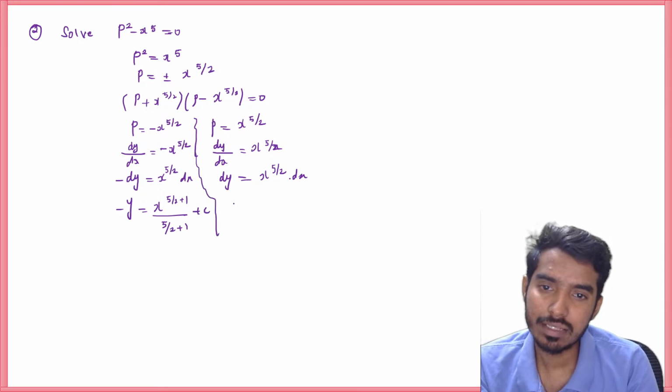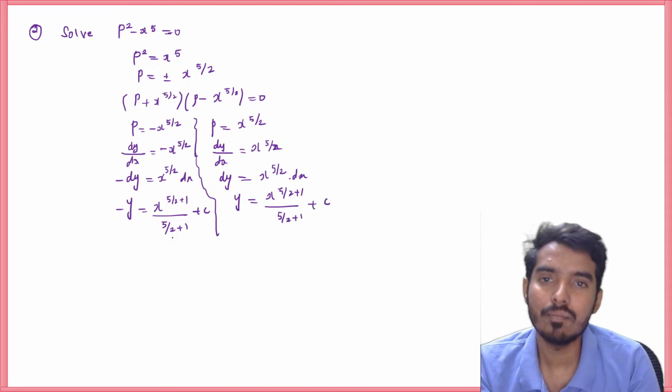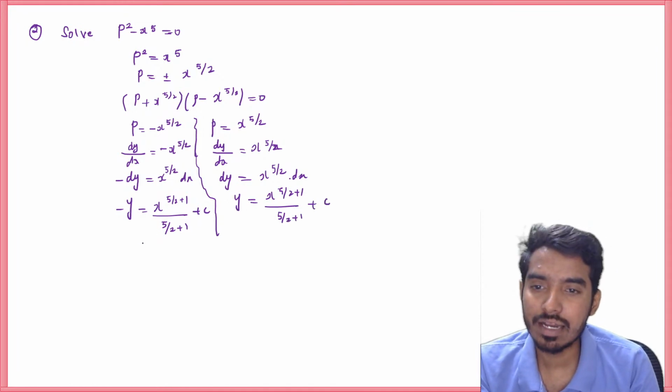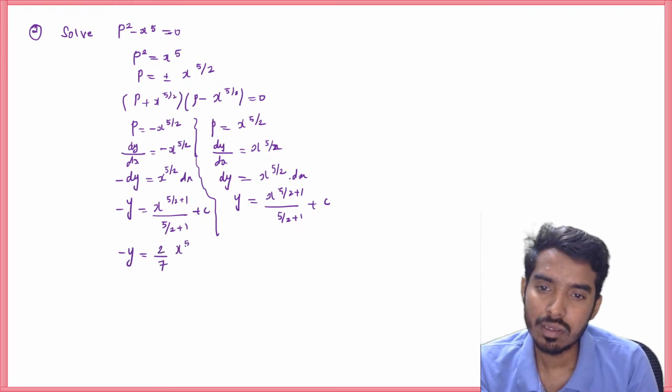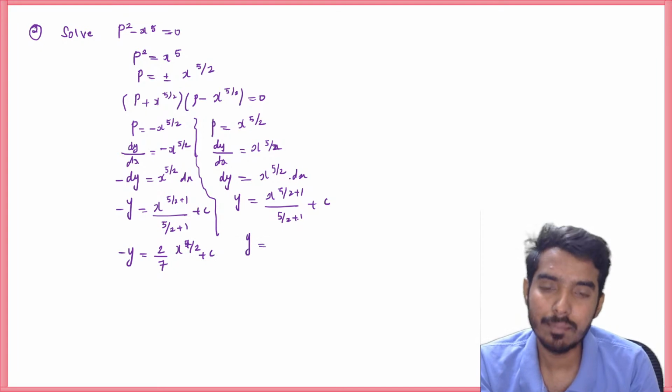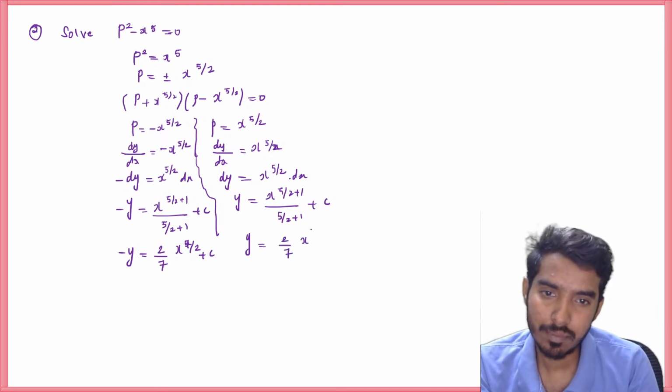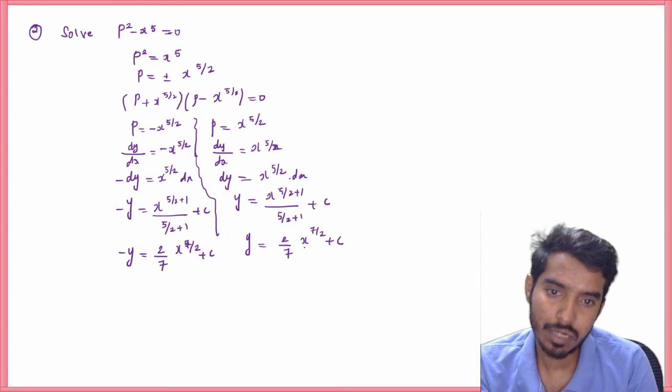And integrate this. We have y is equal to x power 5 by 2 plus 1 by 2 plus 1 plus some arbitrary constant. 5 plus 2 is 7 by 2. We have 2 by 7 x power 7 by 2 plus c. Here we have y is equal to 2 by 7 x power 7 by 2 plus c.